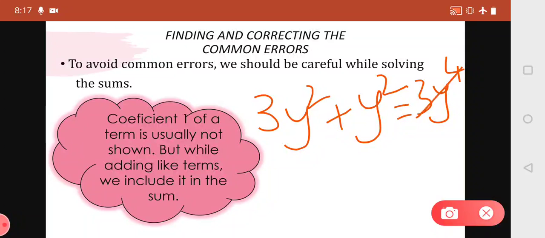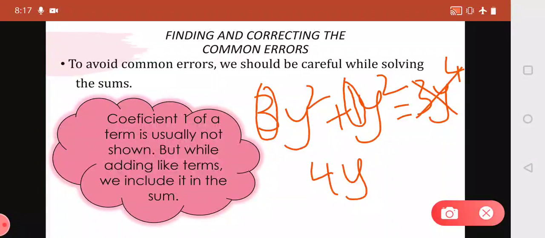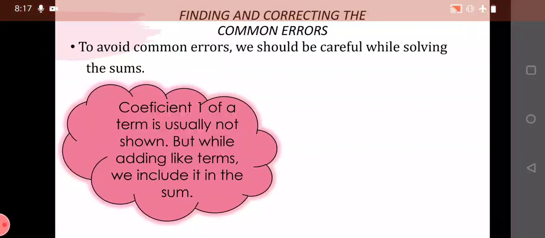But this is wrong. Here actually both are like terms and no coefficient is shown with y square, so it is 1. Here 1 is to be counted, so we add both the coefficients of the like terms and it will become 3 plus 1, that is 4y square. So this common error which is made by us should be kept in mind.